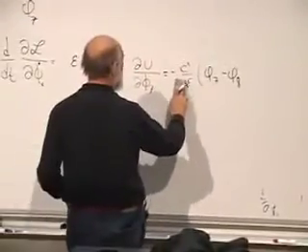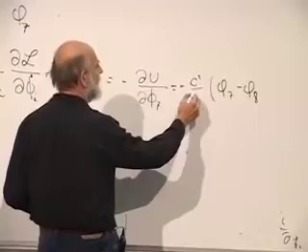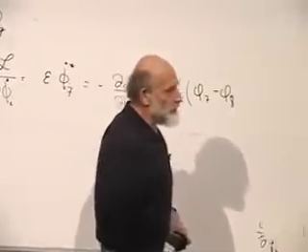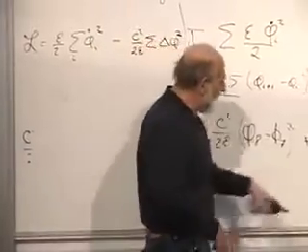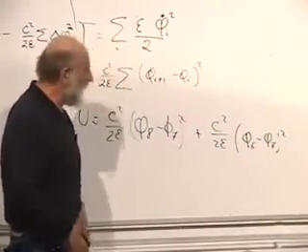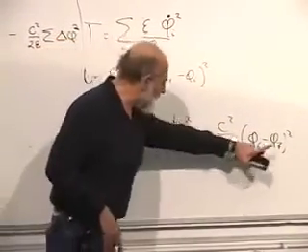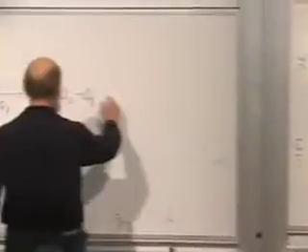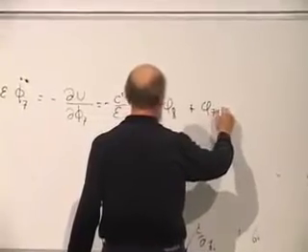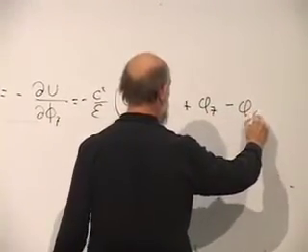Oh, I have it there. I should have erased it. Good, thank you. Now there's the term which is entirely identical, except instead of 8, we have 6. No difference other than the substitution of 6 versus 8. And so there's another term which is plus phi 7 minus phi 6.